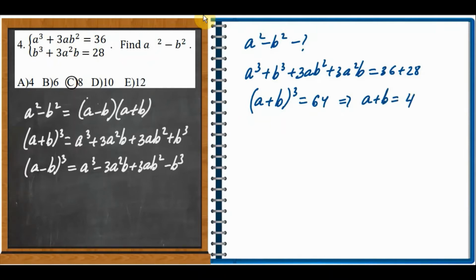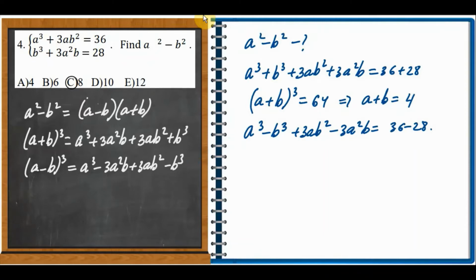Now, with the same method, we will subtract the equations. A cubed minus b cubed plus 3ab squared minus 3a squared b equals 36 minus 28. Now, comparing these expressions, we will see that they are equal.